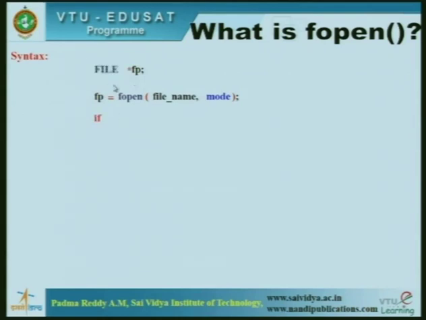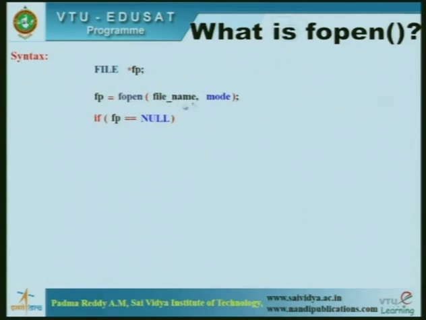Now tell me, once the file is opened, if the file is already existing, a pointer to that file is returned. Otherwise, if you are trying to open a file which is not present, the function fopen returns null. So here we check if fp equal to null. If fp equal to null, what is the meaning?